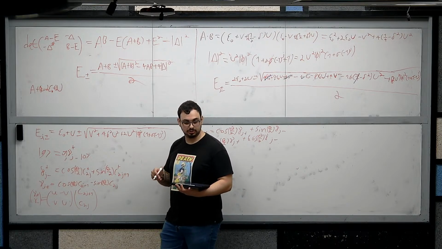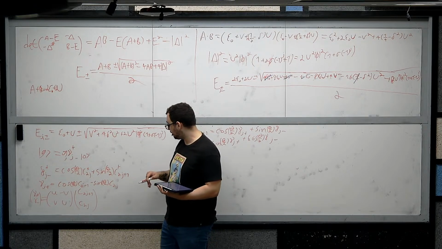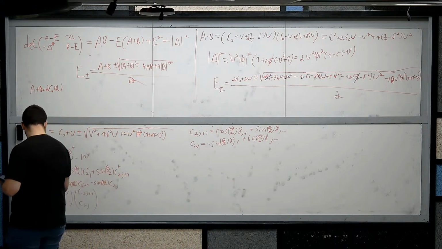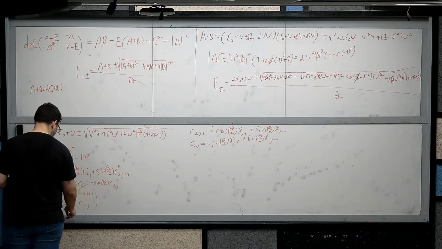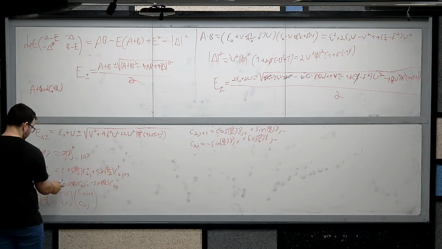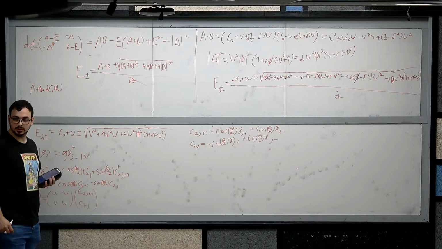The tutorial notebook. U will be cosine theta divided by 2, and V will be the sine. Pretty sure it's fine.